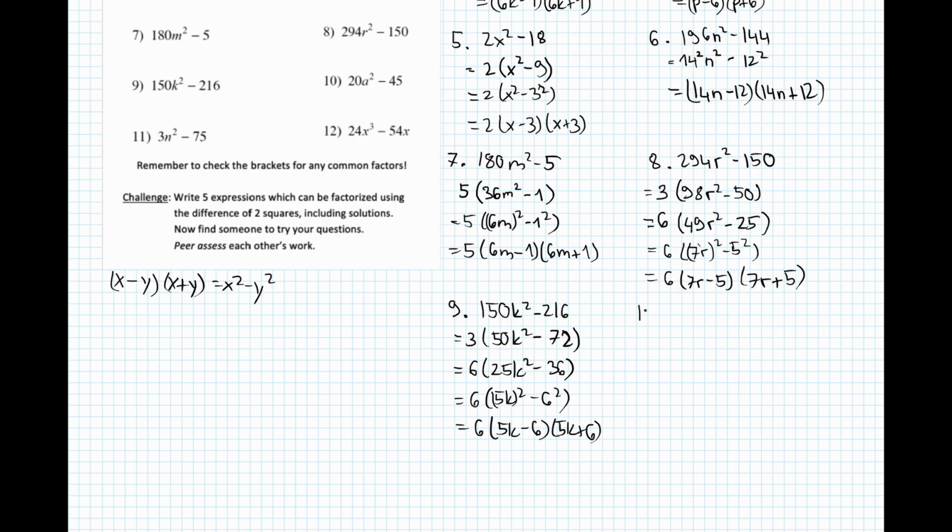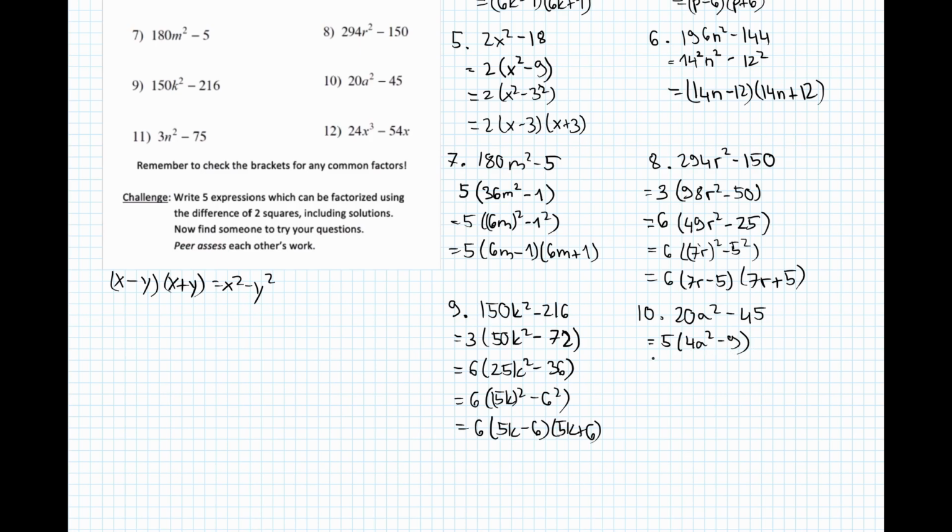Alright, let's do number 10. 20a squared minus 45. Now let's take out a 5. That will give us 4a squared minus 9.